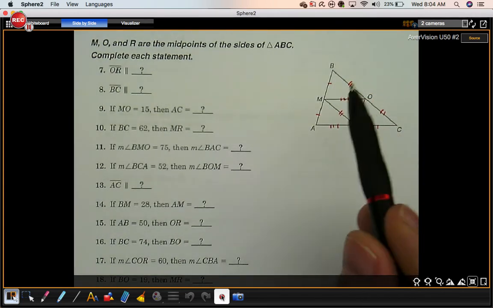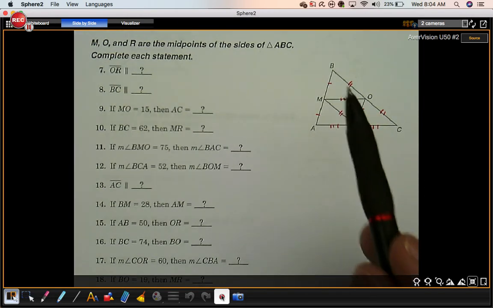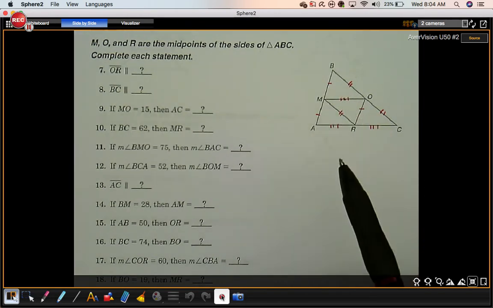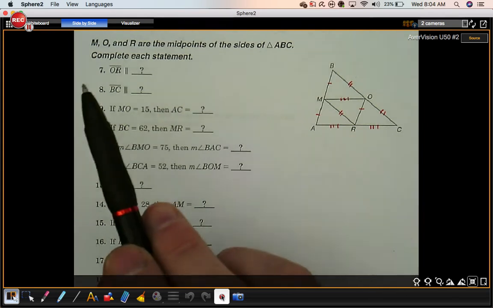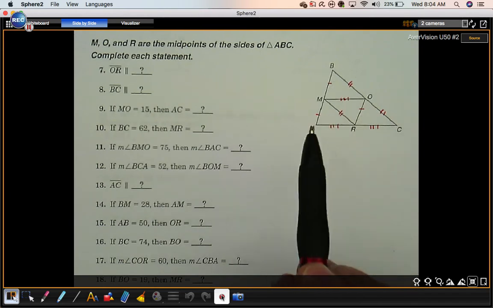You have a big triangle with 4 little triangles inside of it, and these 4 little triangles are congruent to each other by side, side, side. Segment OR is parallel to segment BA.